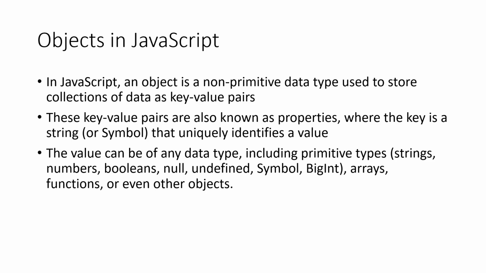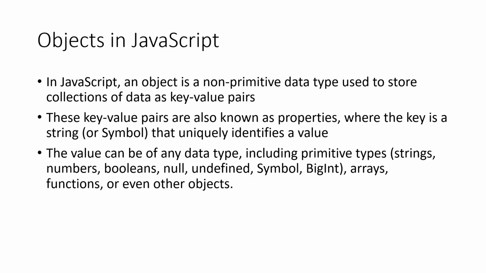These key value pairs are also known as the properties of an object, where the key is a string or symbol that uniquely identifies a value.